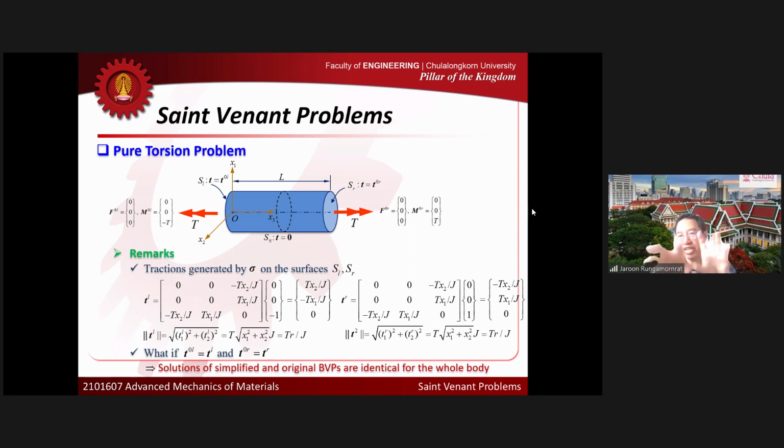You can have combinations at both ends. You may have a moment acting at the cross section together with a force at the same time. For example, you can have a shear force and a moment applied at the end at the same time. But the problem gets more complicated when you have that kind of mixed loading at the end, or mixed conditions of net forces and moments.